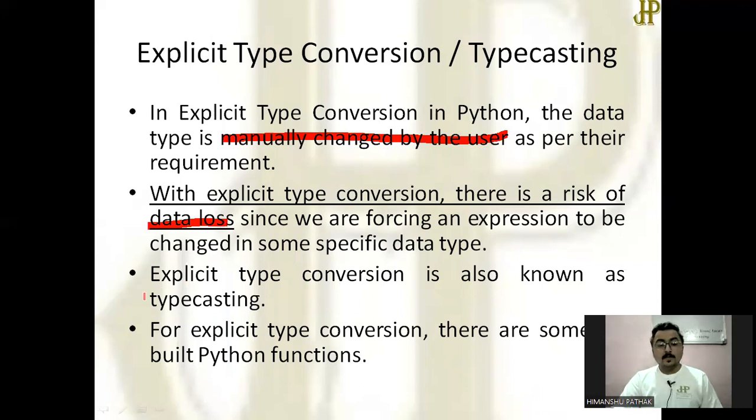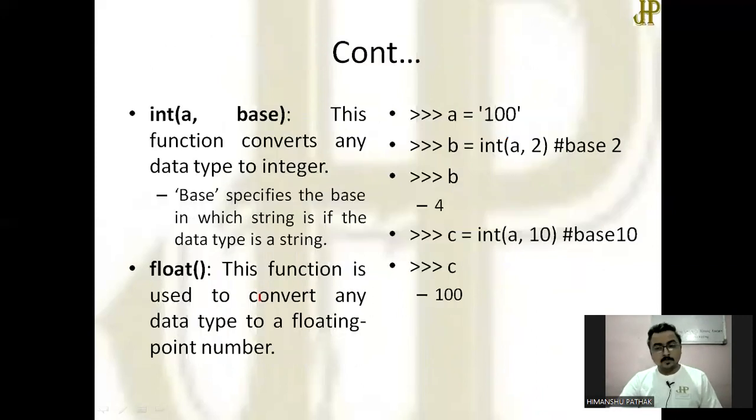Typecasting is another name of explicit type conversion. There are some inbuilt Python functions for explicit type conversion. I'm going to discuss a few of them, which are important for 11th class students.